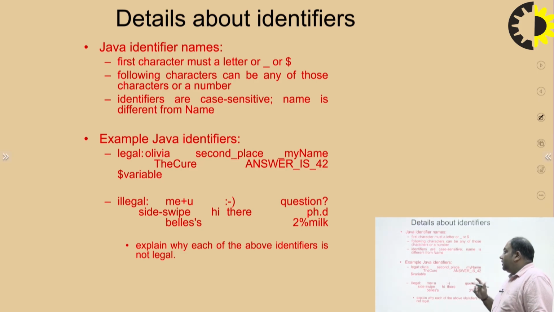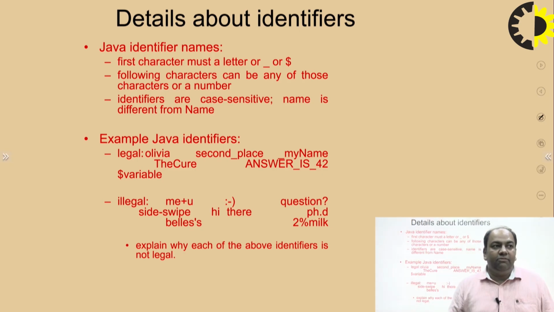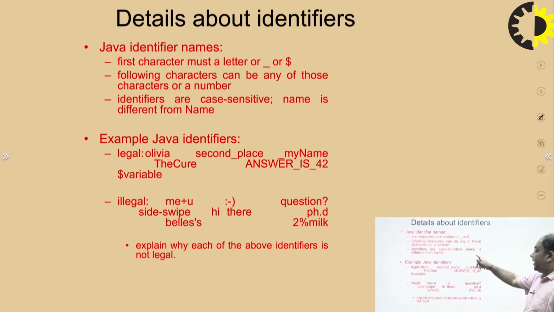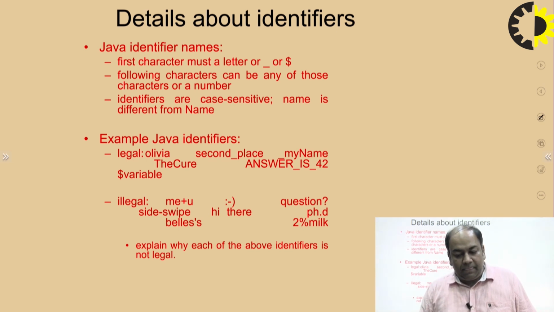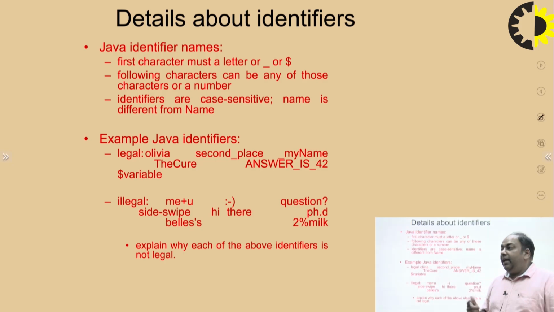Like I am showing with the example what are the legal identifiers and what are the illegal identifiers. And one more important thing, Java is a case sensitive language, so identifiers are also case sensitive, and I have written in an example that name is different from Name. If you start a name with a capital, then in a corresponding code if you write name with a small letter n, then both these are different. So it will show an error.